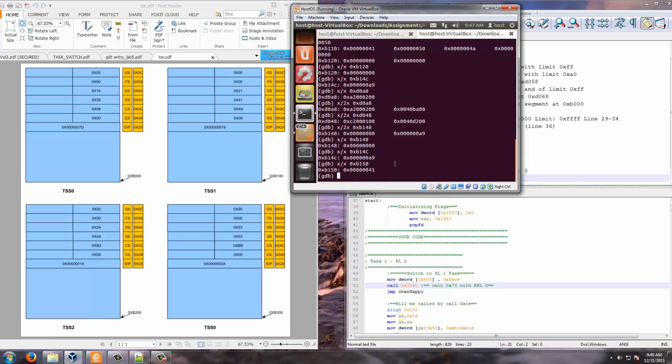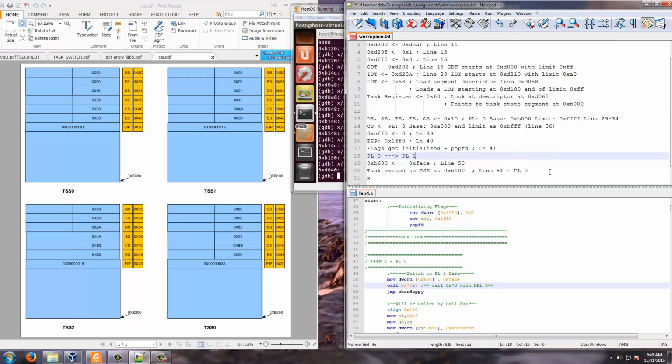B150 is 41. What is 41? Let us see x/2x 0xD040. It's a segment. The stack starts at C100 with a limit of 100, and please note that it is of privilege level 1. So here I have a code segment starting at A200, limit 200, everything in hexadecimal.